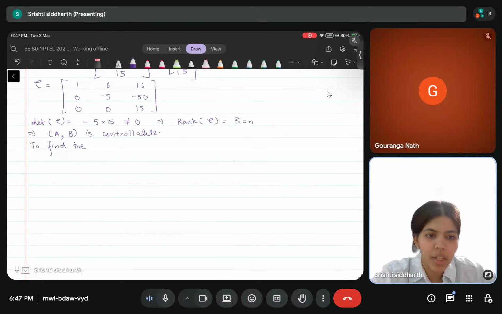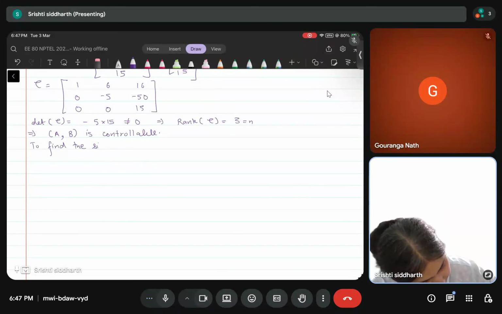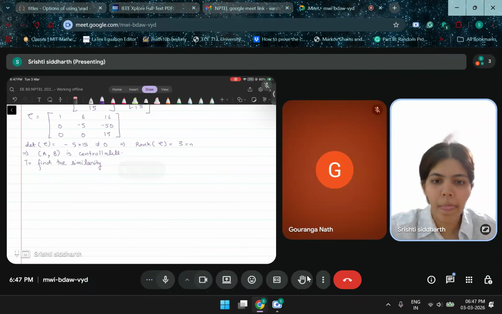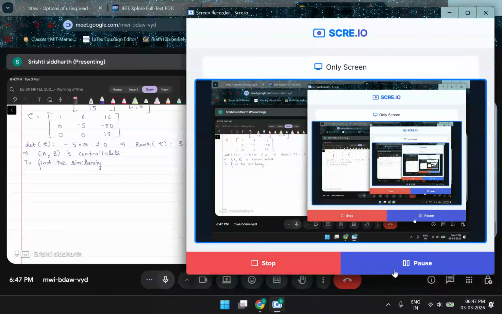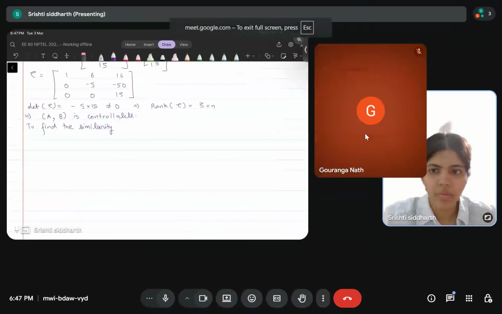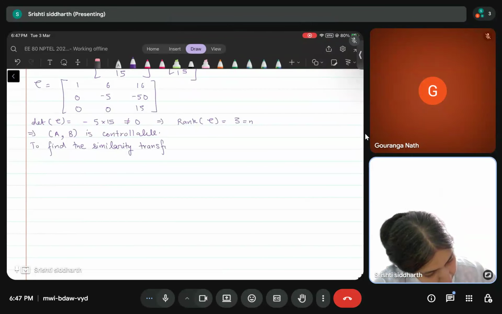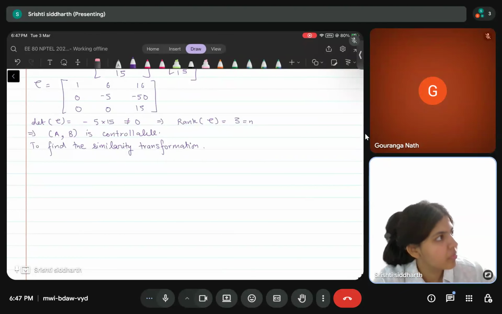Now we have to find the transformation which transforms the system (A, B) to the first companion form. So we'll do that by using the controllability matrix. To find the similarity transformation, we must choose it as follows.